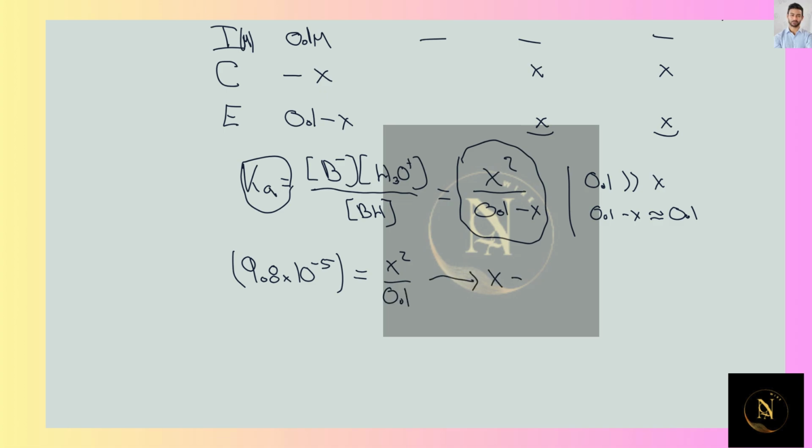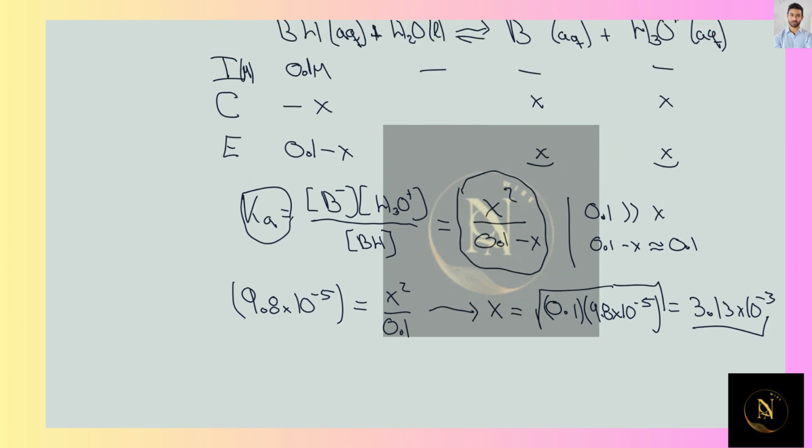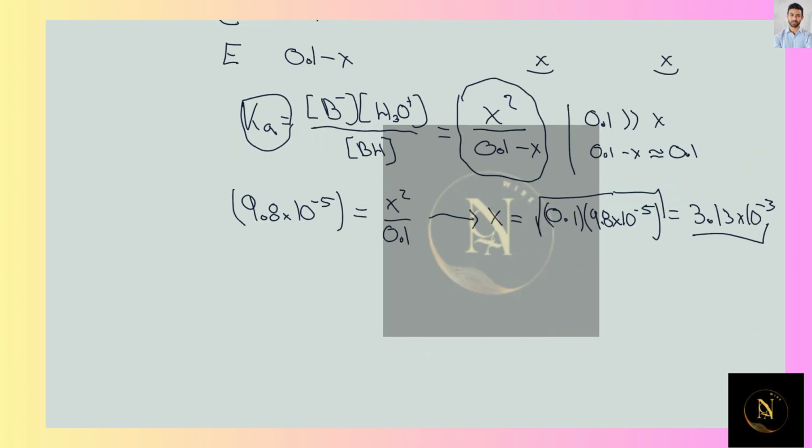Solving for x, this is the square root of 0.1 times 9.8 times 10 to the minus 5, which is 3.13 times 10 to the minus 3. So this was a good approximation because the value that we found for x is much smaller than 0.1. We are 2 orders of magnitude smaller in this scenario.